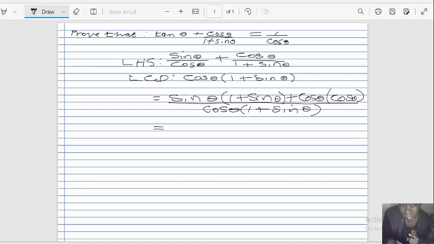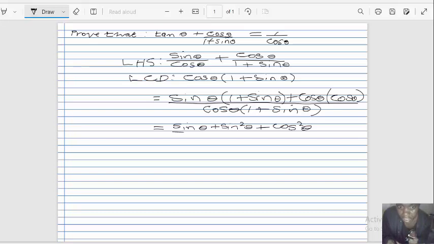We'll have our sin theta times 1, which will give us sin theta, sin theta times sin theta, which will give us plus sin squared theta, plus cos squared theta, right?